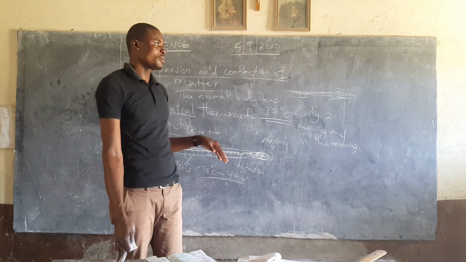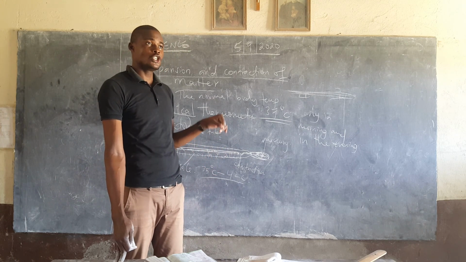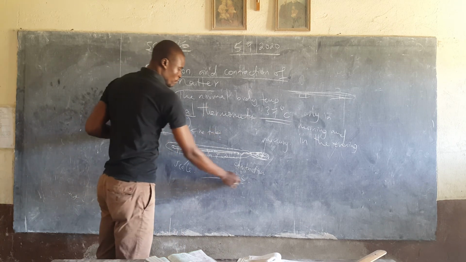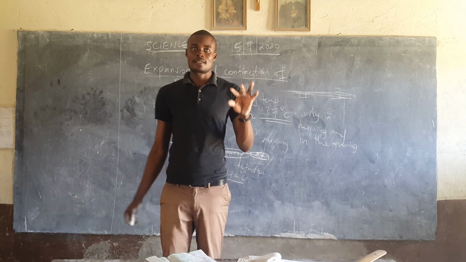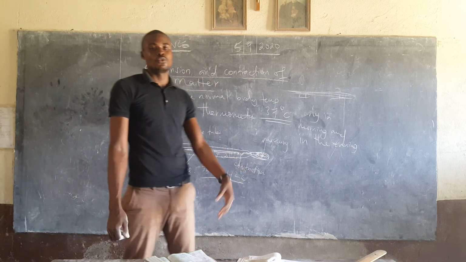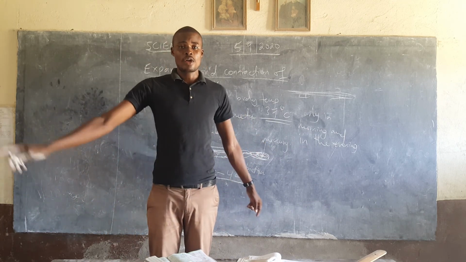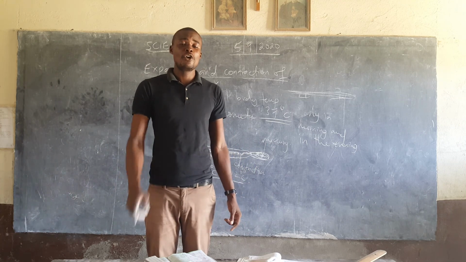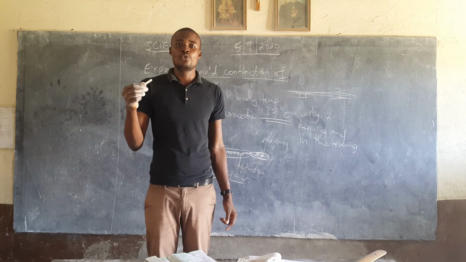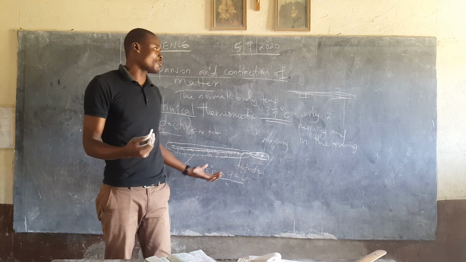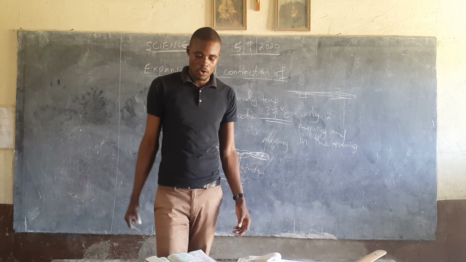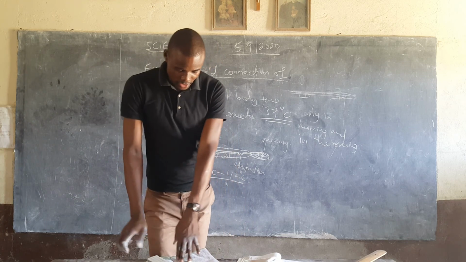The ordinary one reads from 0 to 100 degrees Celsius, but the doctor's one reads from 35 to 42. So we have two types of thermometers, the ordinary one and the clinical one. The ordinary one has no constriction because there is nothing we need it for, as compared to the clinical one, where we use a constriction to stop the mercury running down too fast for us to read well.